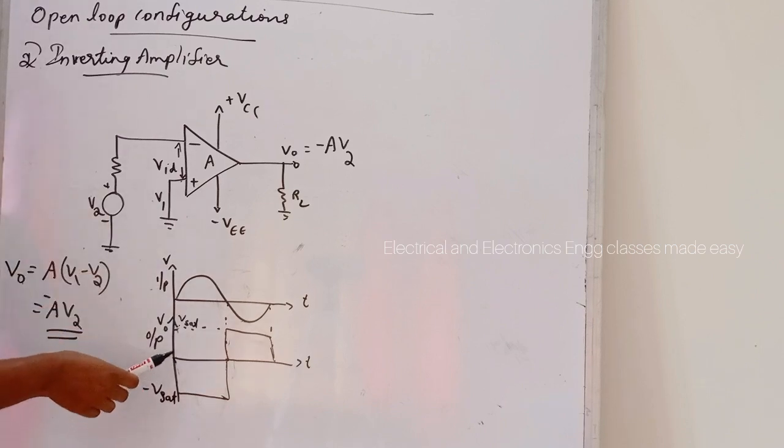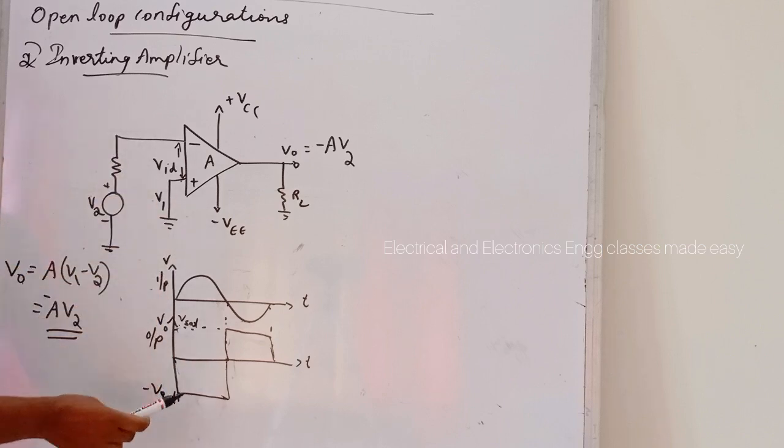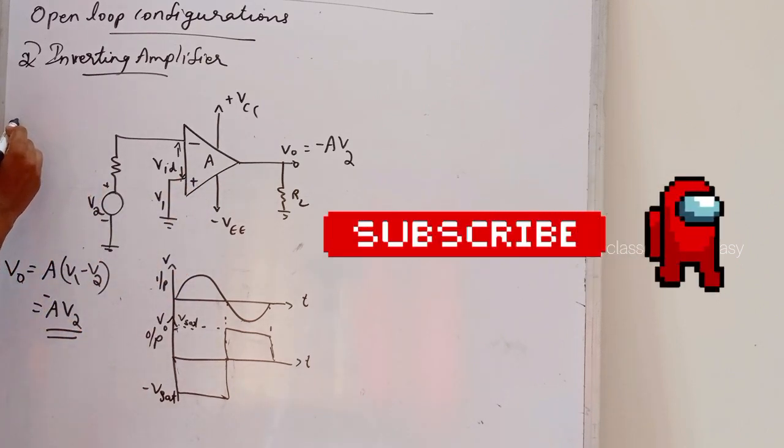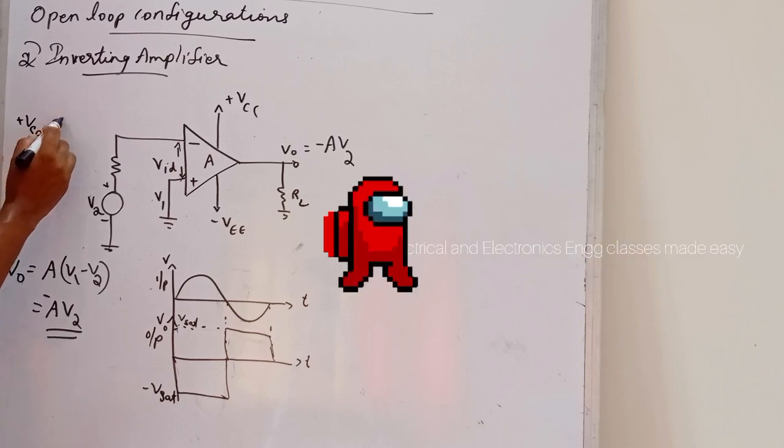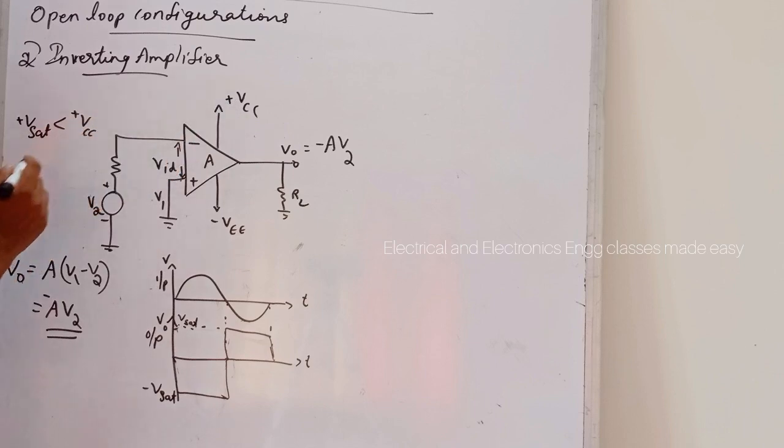This is the output waveform for the inverting amplifier, that is open loop inverting amplifier. Here it will be between plus VSAT and minus VSAT. And also remember one thing, that this plus VSAT will be less than the positive biasing voltage, that is plus VCC, and the negative VSAT will be always less than the negative bias voltage minus VEE. So this is inverting amplifier.